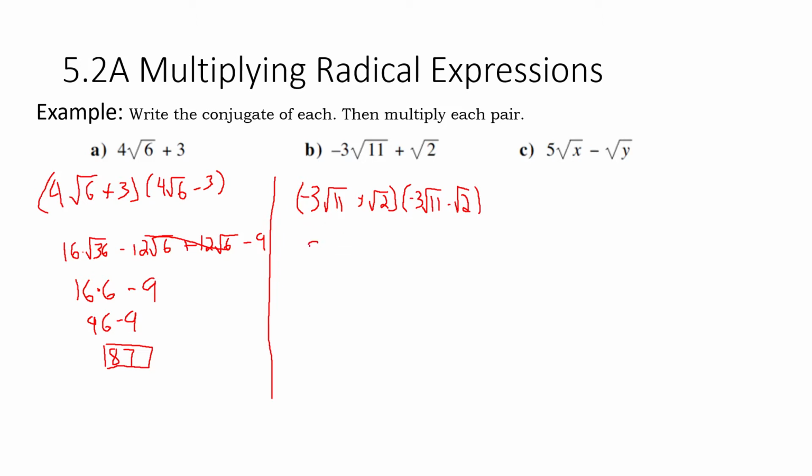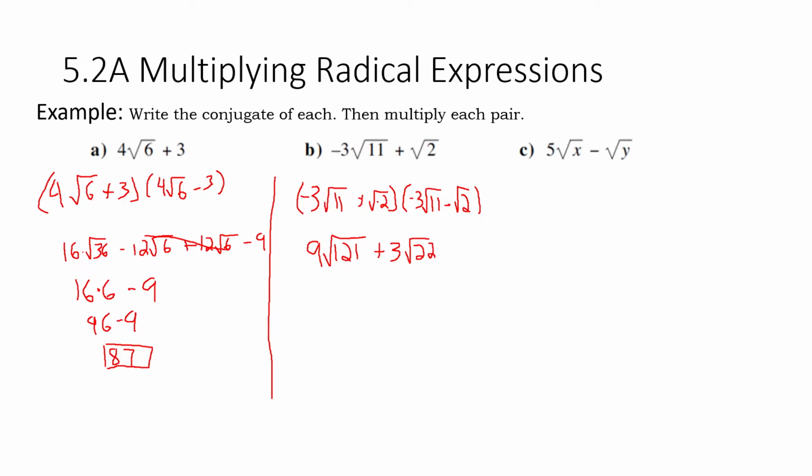Negative 3 times negative 3 is 9. 11 times 11 is 121, so underneath the root is going to be a perfect square every time. That's root 121. Now negative 3 root 11 times negative root 2, make sure I emphasize that a bit. Negative 3 times negative 1 is plus 3. 11 times 2 is root 22.